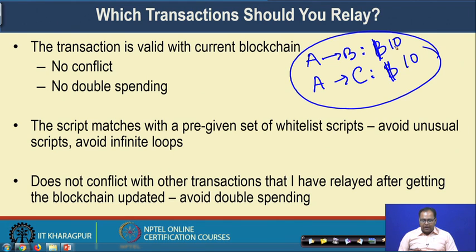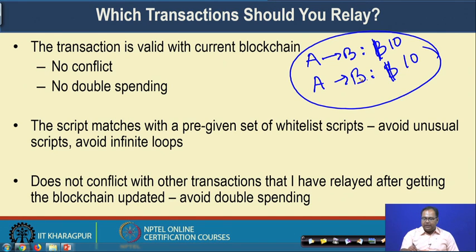The second example would be like Alice has transferred Bob 10 Bitcoins, and after a few seconds Alice has initiated another transaction that may be intentional, or sometimes unintentional. That means you have tapped the send button twice in your wallet. If you tap the send button twice in your wallet, that will generate two different transactions from Alice to Bob.